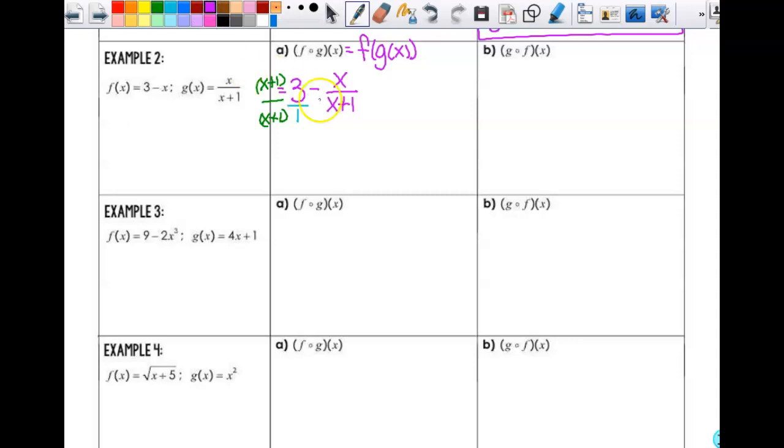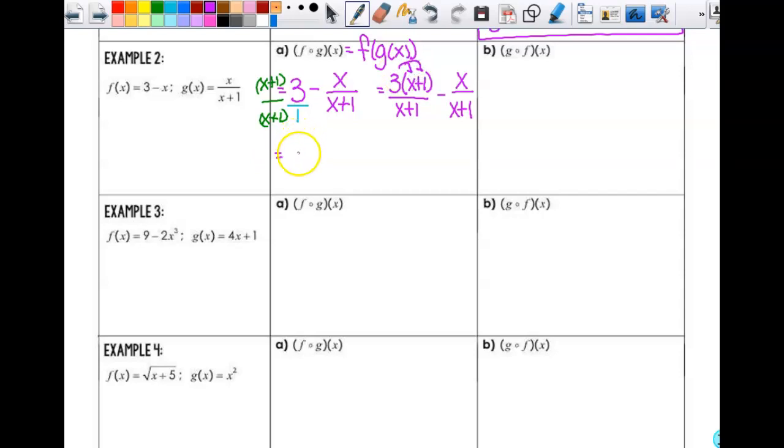All right, so then that's going to equal 3 times x plus 1 over x plus 1, minus x over x plus 1. See how that works? Okay, so now that they both have the same denominator, I can actually subtract them. While I do that, I'm also going to distribute this 3.